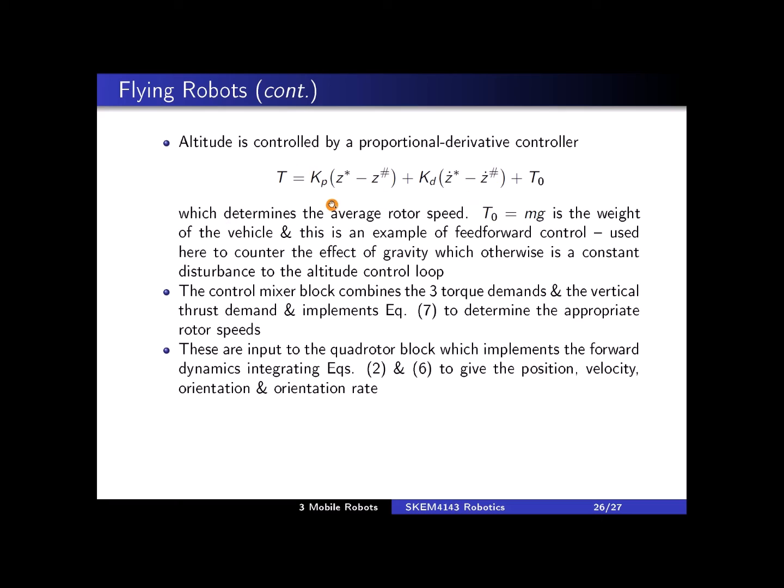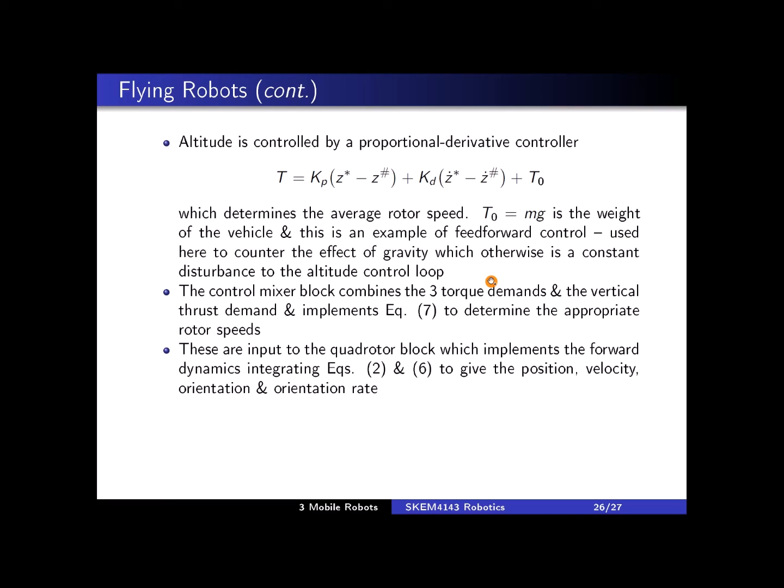In this controller, we have Kp and Kd, the proportional and derivative controller gains. We have another term called T0, and T0 is mg, the weight of the vehicle. This is an example of feed-forward control, used here to counter the effect of gravity, which otherwise is a constant disturbance to the altitude control loop.